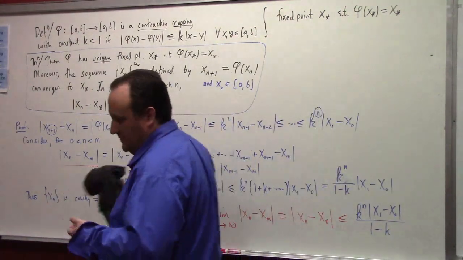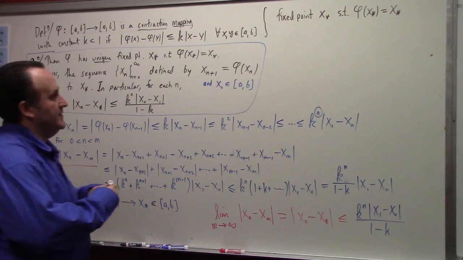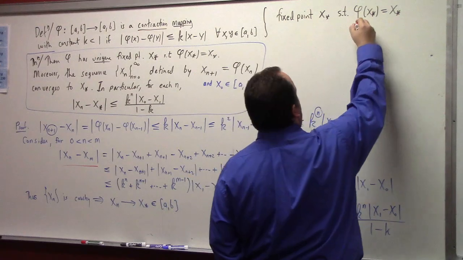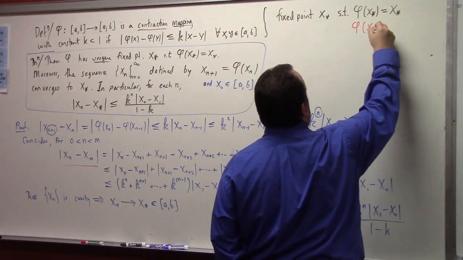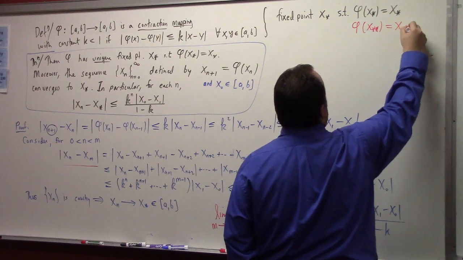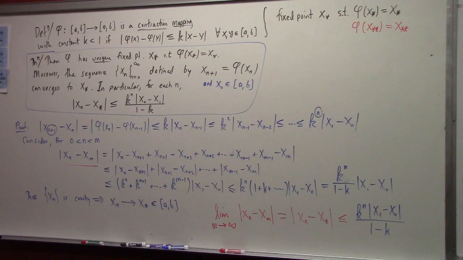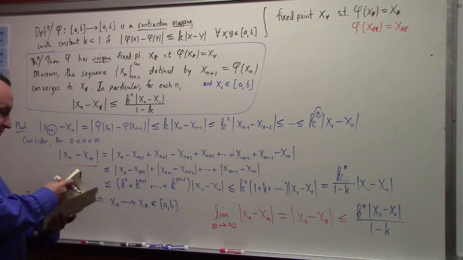So let's do that. If we also had phi of x star star equals x star star, then we should be able to prove that they have to be equal. Let's see how the argument goes.